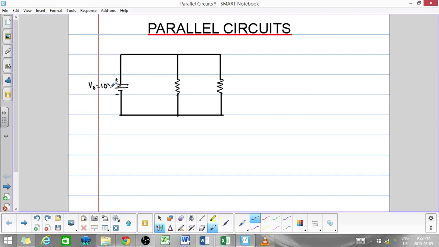So we'll just use the same numbers as the series circuit example. 10 volts at the source, R1 is 2 ohms, and R2 is 3 ohms.